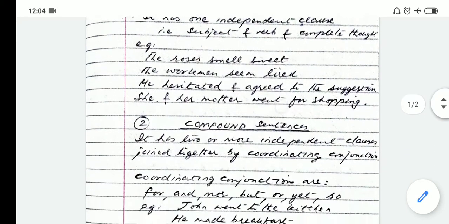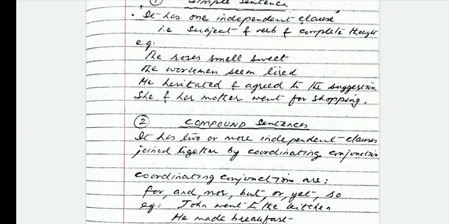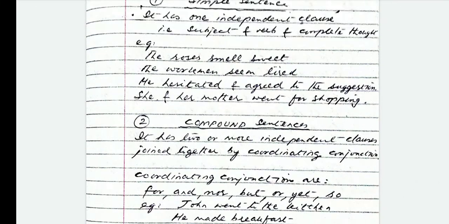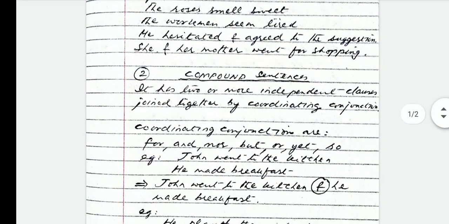Now see, what are compound sentences? Since simple sentences have one independent clause, a compound sentence has two or more independent clauses joined together by coordinating conjunctions.